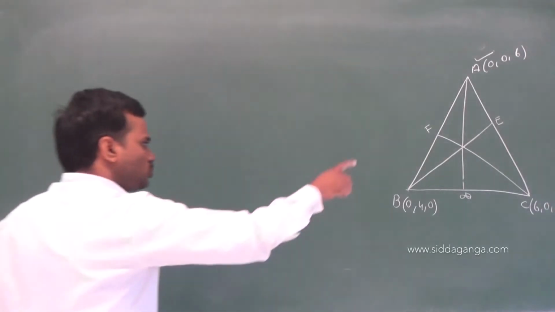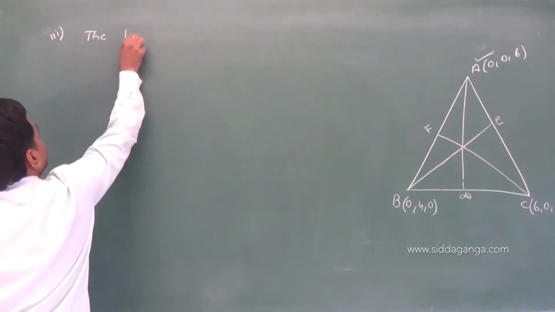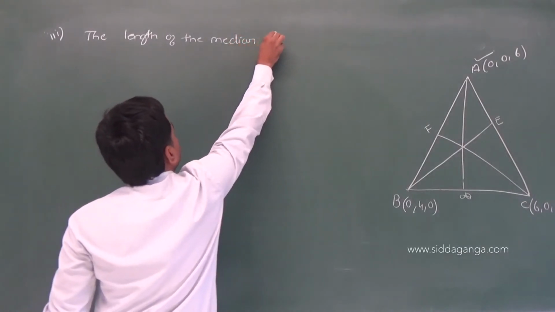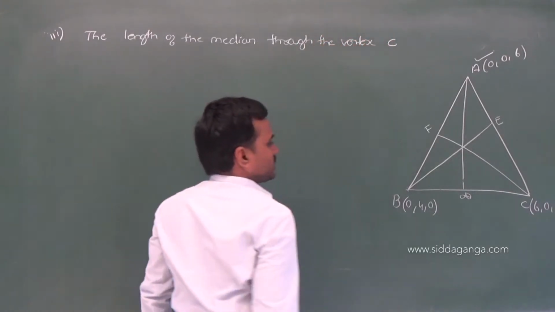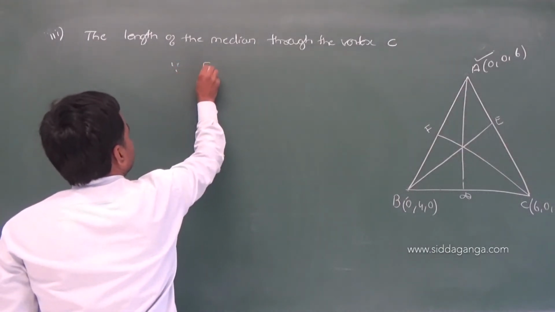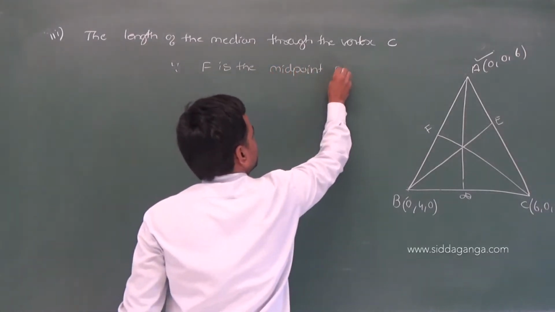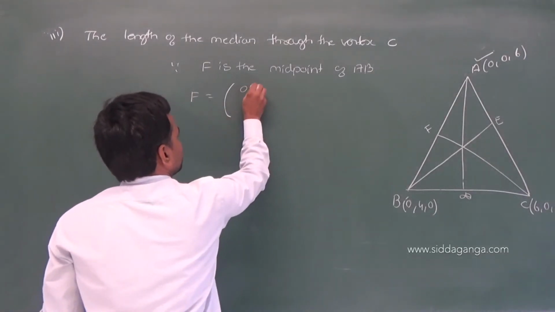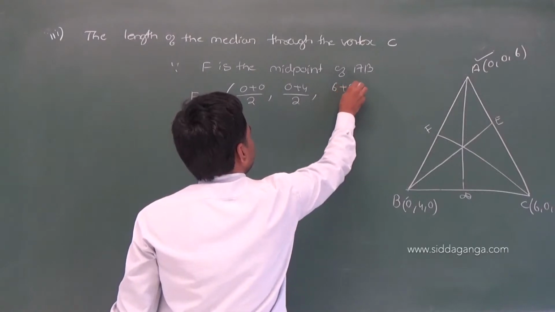Length of the median through the vertex C. Since F is the midpoint of AB, that implies the coordinate of F is (0 plus 0) divided by 2, (0 plus 4) divided by 2, (6 plus 0) divided by 2.